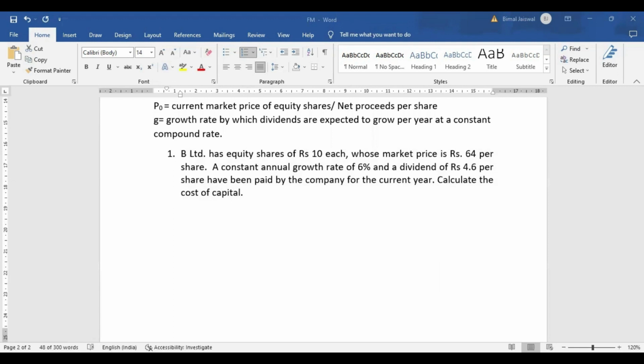64 is the market price and the growth rate has been given as 6%. Simple. The equation that we have just discussed, we can apply.